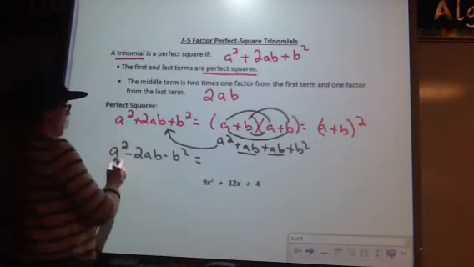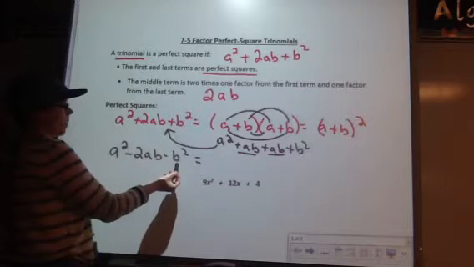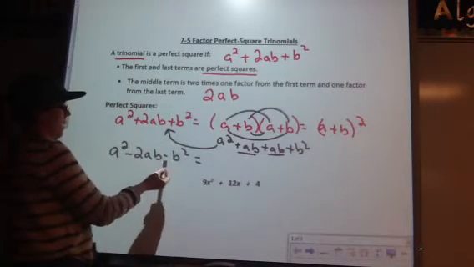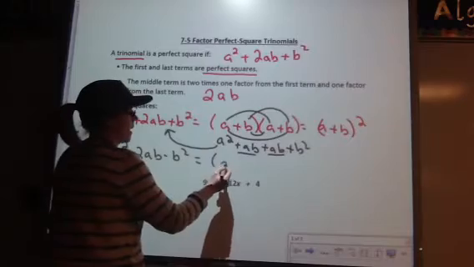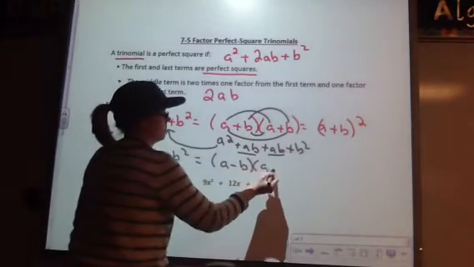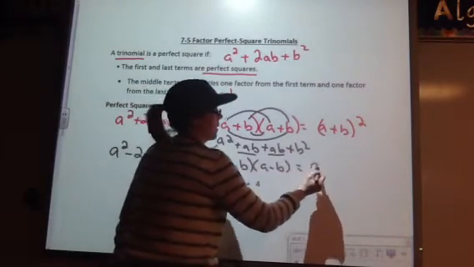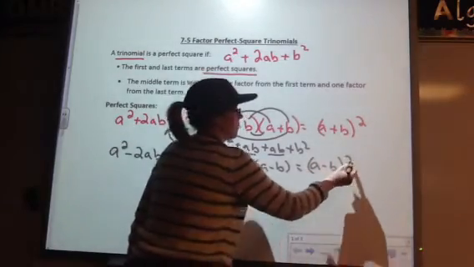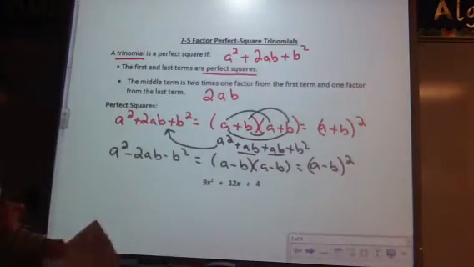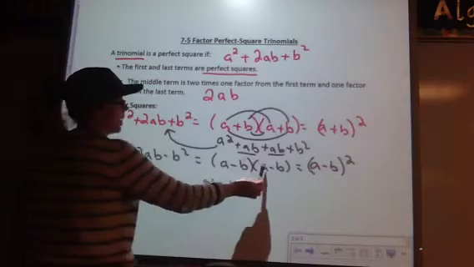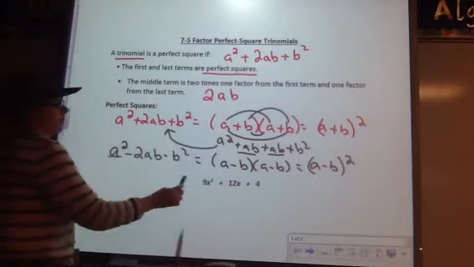Okay? So, I have perfect squares, and 2 times my a and my b. So I know my answer is going to be this, which is a minus b squared. Okay, let's factor it out. A times a is a squared.